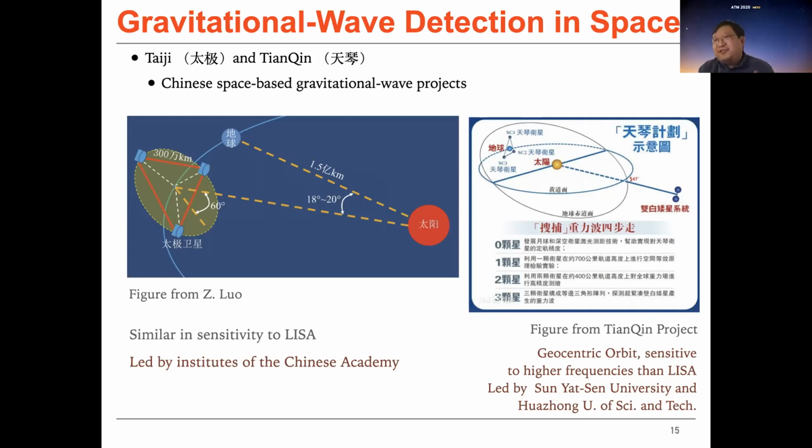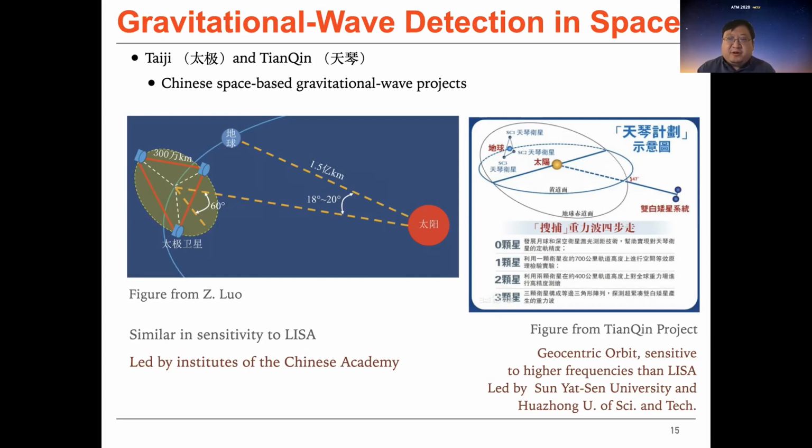It's led by various institutes in the Chinese Academy. The planned sensitivity is very similar to LISA, and I think it's an interesting opportunity for research: if there are two space-based gravitational wave detectors, what new science will you be able to perform in the presence of both detectors? And the other is the Tianqin project, which is a little bit different.